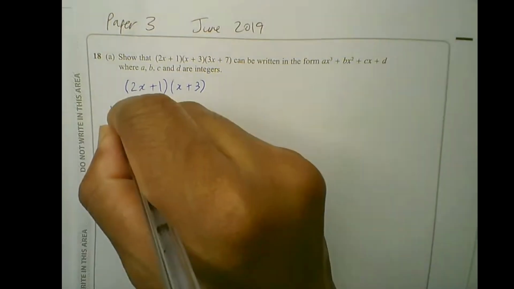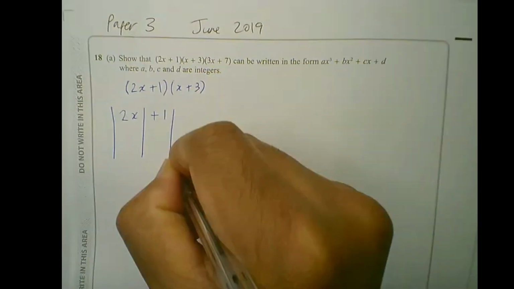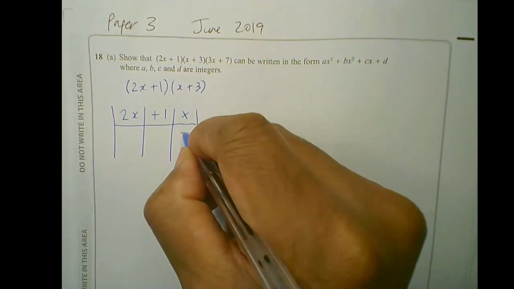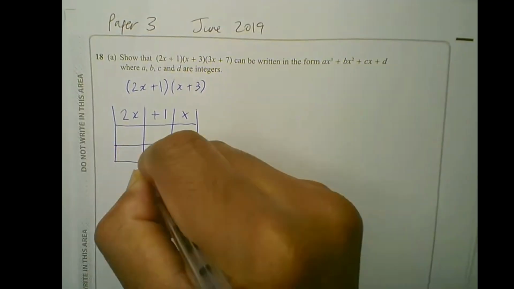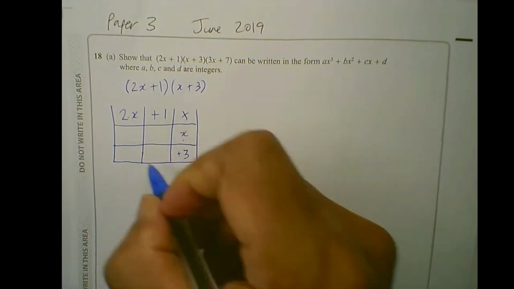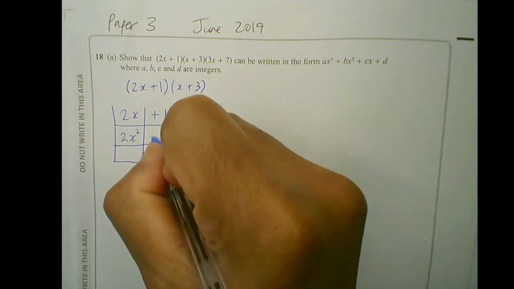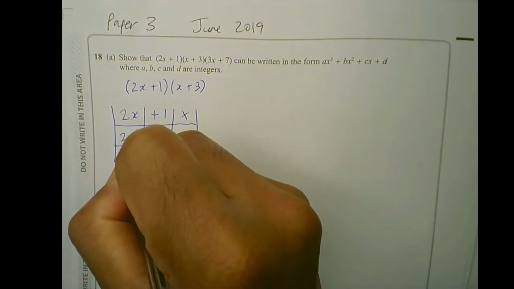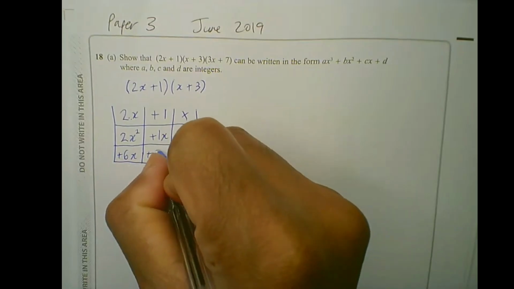So I've got 2x plus 1 times x plus 3. And so just like before, x times 2x is 2x squared. x times 1 is 1x. 3 times 2x is 6x, and it's positive, so plus. 3 times 1 is 3, so plus 3.